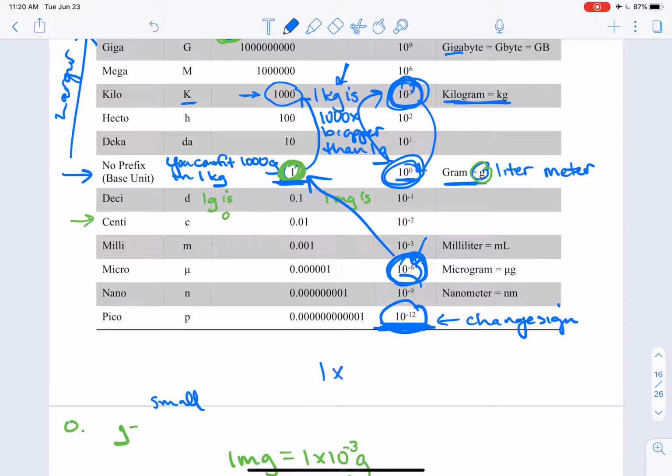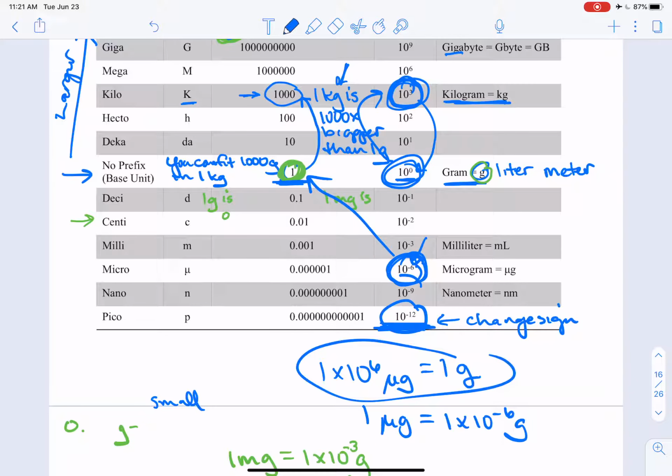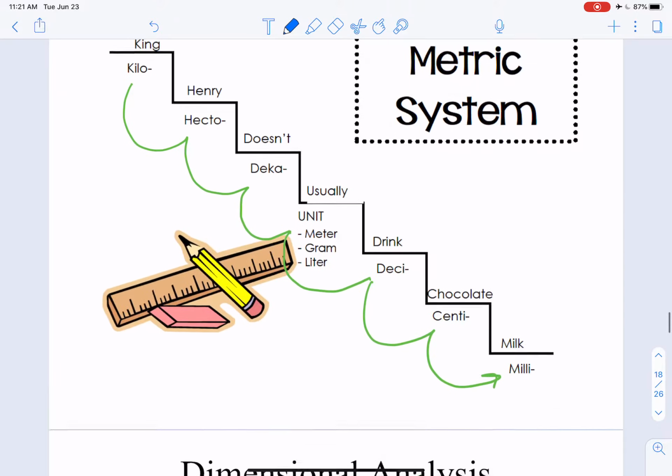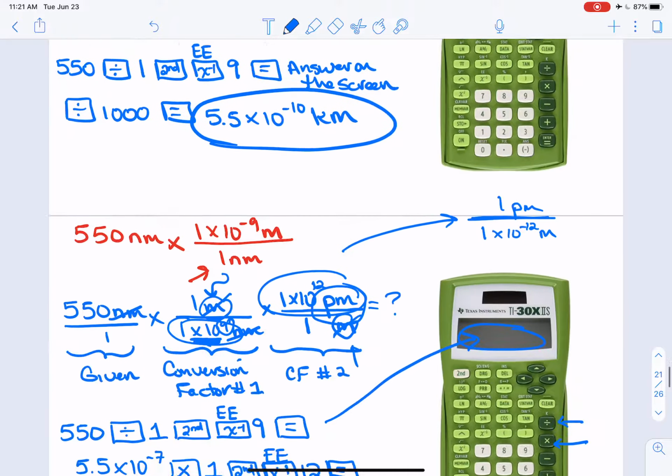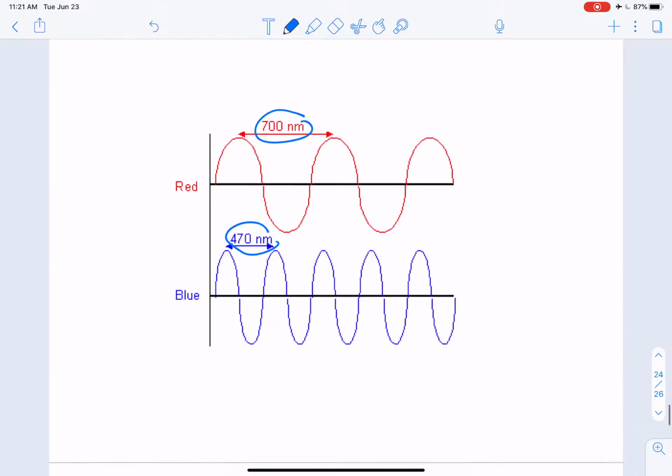So we have 1 times 10 to the 6 micrograms for every 1 gram. Or what I could also say is 1 microgram is this tiny portion of a gram. But I think most of us are going to want to go with that version, the positive version. Okay? So 1 times 10 to the 6th micrograms per every 1 gram.